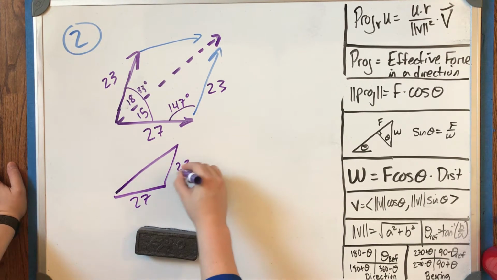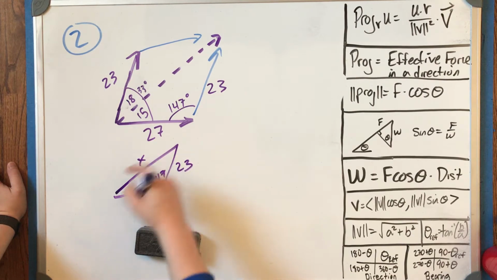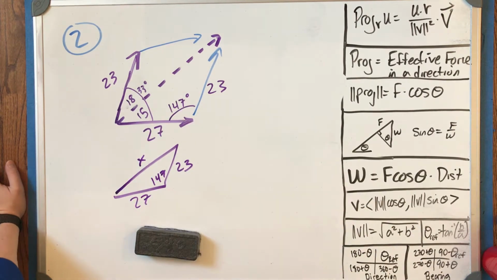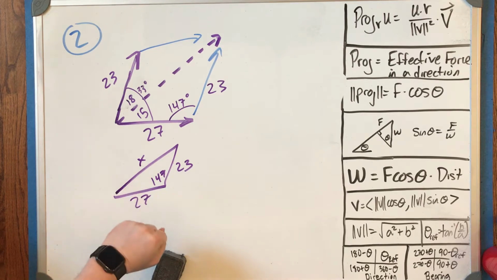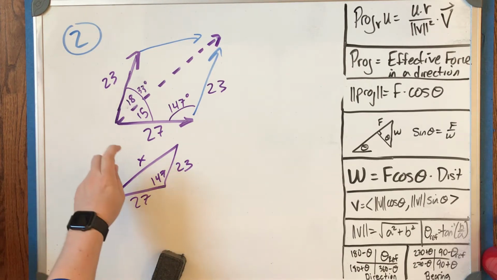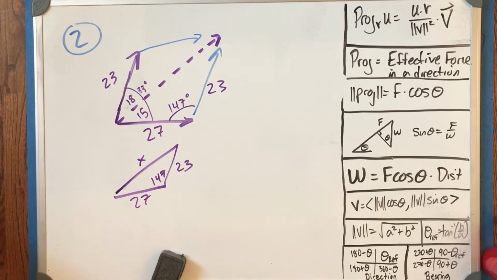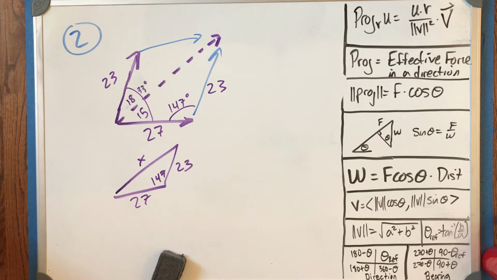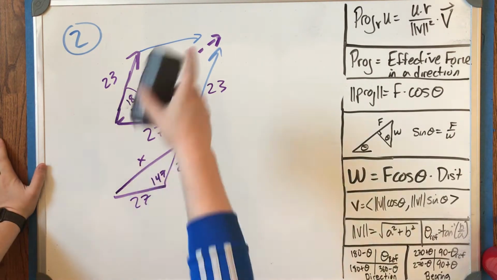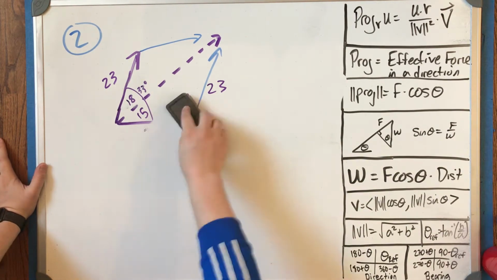And we can use law of cosines to find that side length, which is going to be the magnitude of that side. So if we did this, 27 squared plus 23 squared minus 2 times 23 times 27 cosine 147, giant square root over all of that, we'd get that same value of 47.95. So that's how you would approach this situation if it wasn't presented to you like they were horizontal in this case.